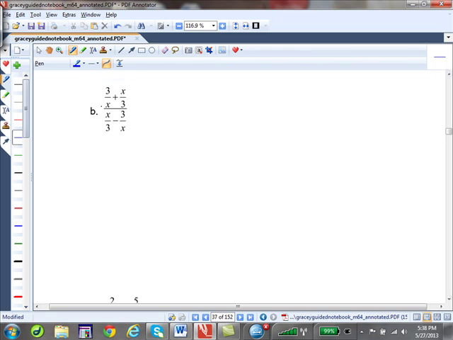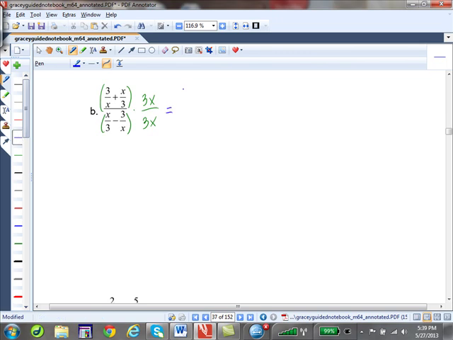it looks like we have an x, a 3, and an x. So 3 times x is going to be the LCD for the whole complex rational expression. So we're going to multiply by 3x over 3x.